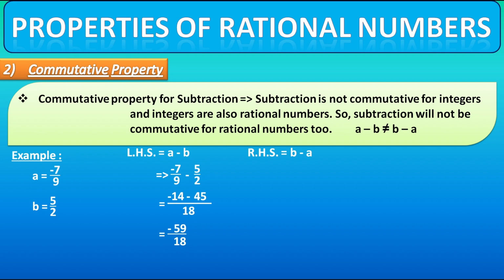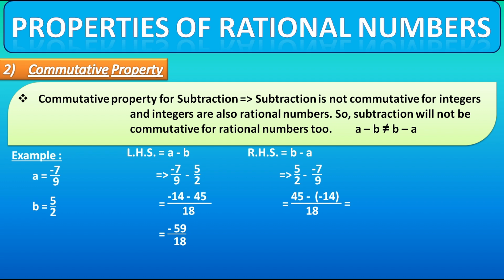Now let's solve the RHS part. 5 upon 2 minus 7 upon 9. Now 2 9s are 18 is the denominator, and 5 9s are 45, minus, in the bracket, minus 14. Now 45 and that minus 14 will become plus 14, because outside the bracket we have a negative sign.